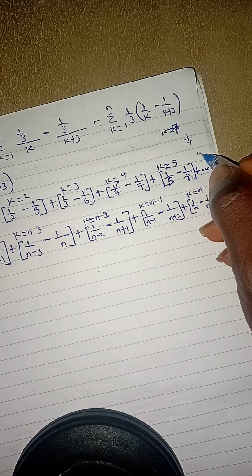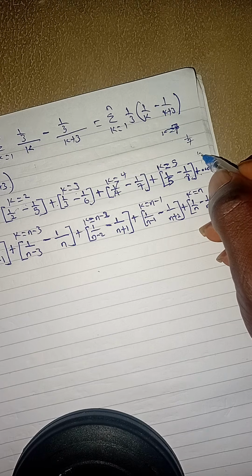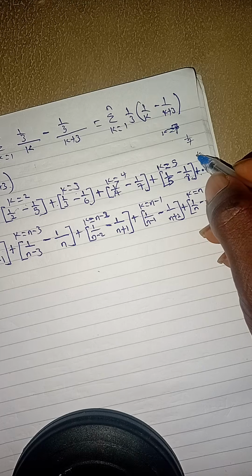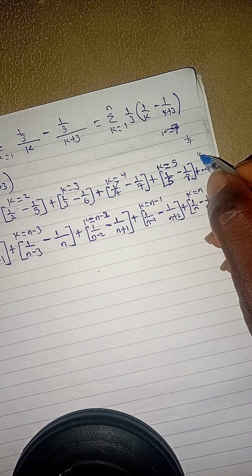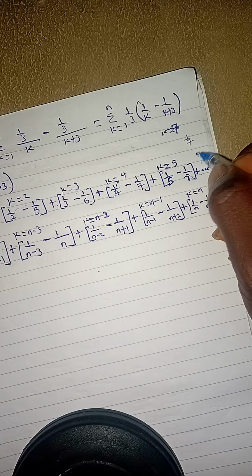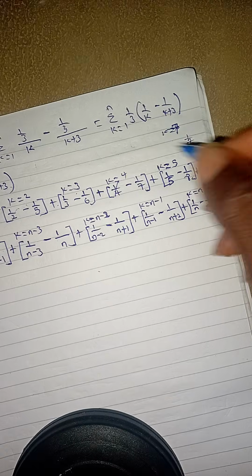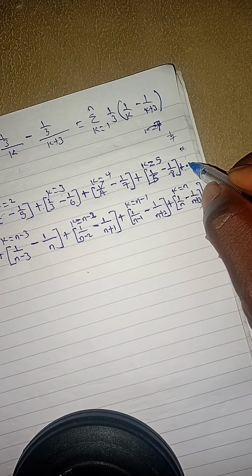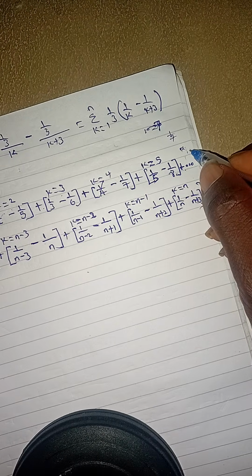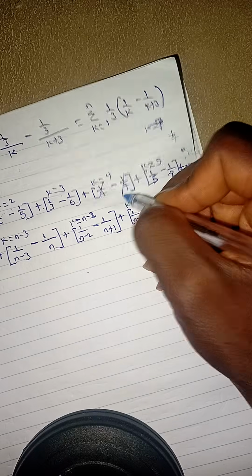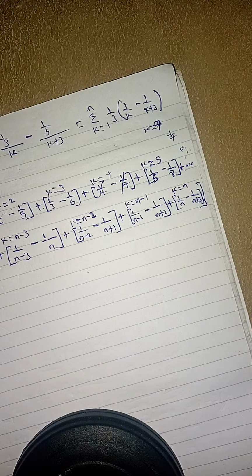But if I continue till k equals to 7, I don't have all the time to be writing everything out. You can just skip them. But you should know that if you continue till k equals to 7, because the first thing here is 1 over k, there's a part here that you have 1 over 7. That 1 over 7 will cancel out this minus 1 over 7. That's just what I want to show you.